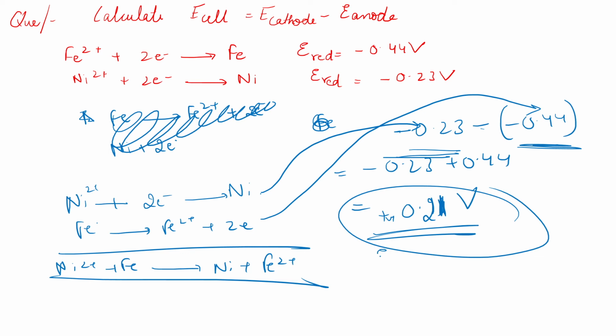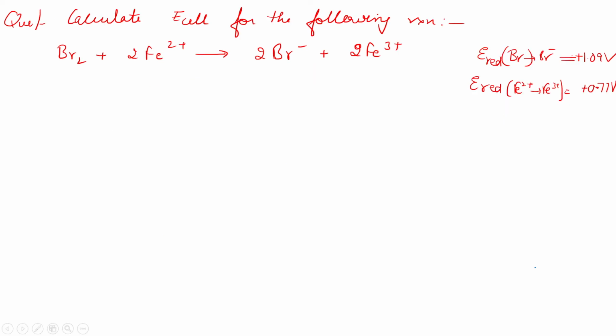So the overall E cell value is 0.21 volts. Do this next question, please.